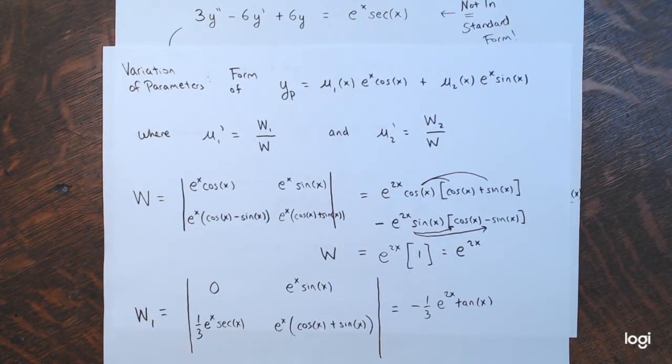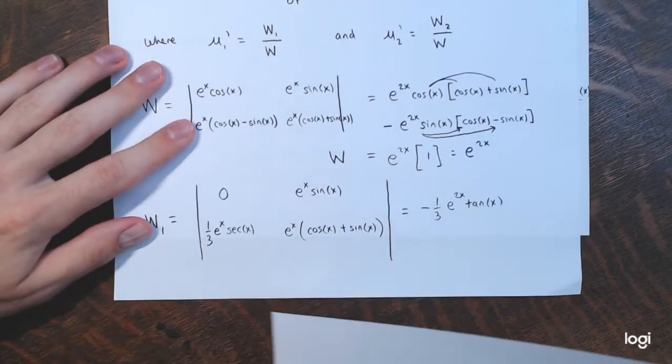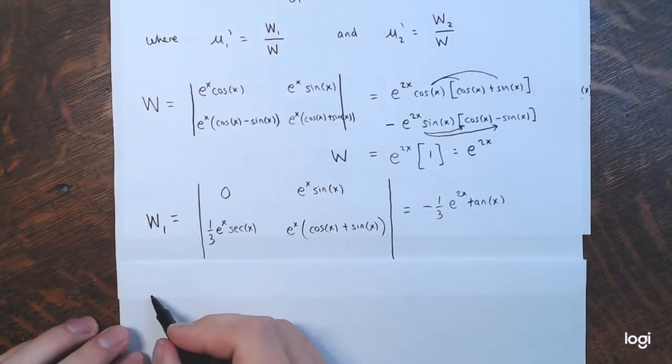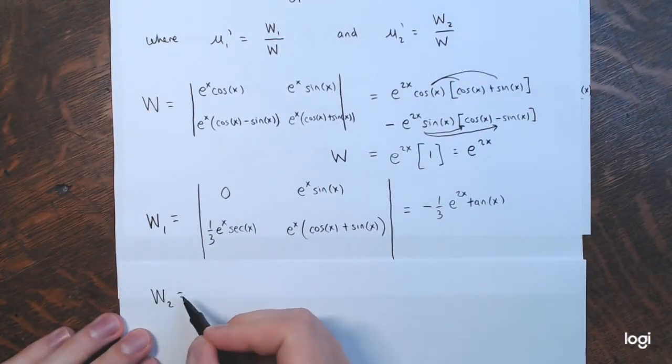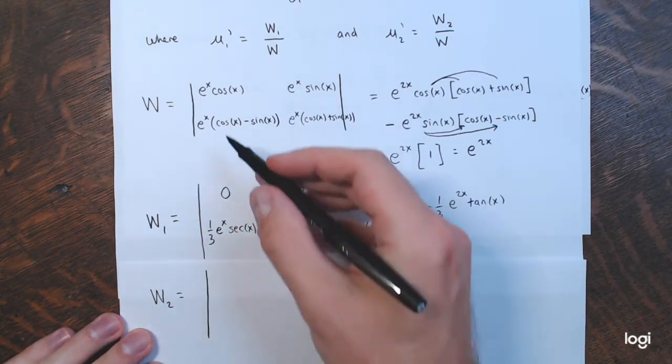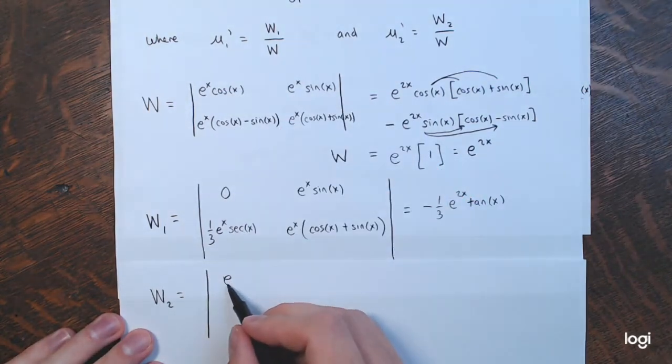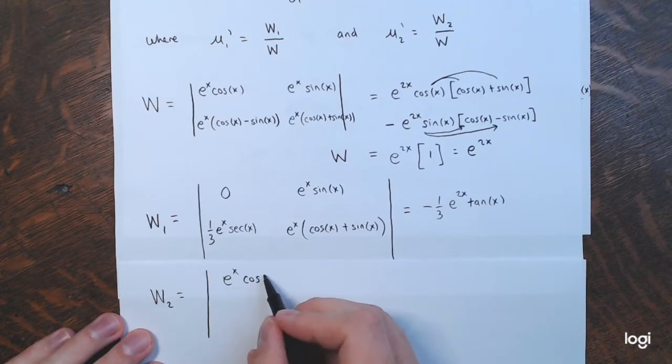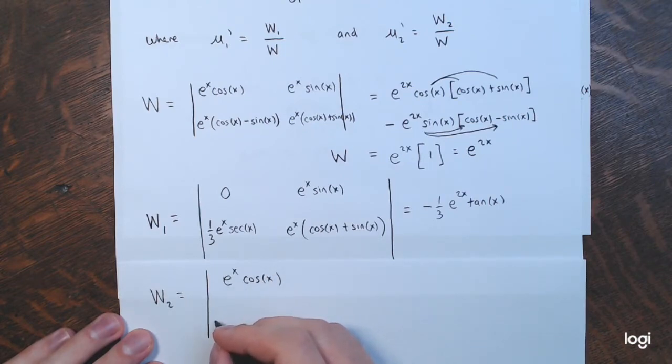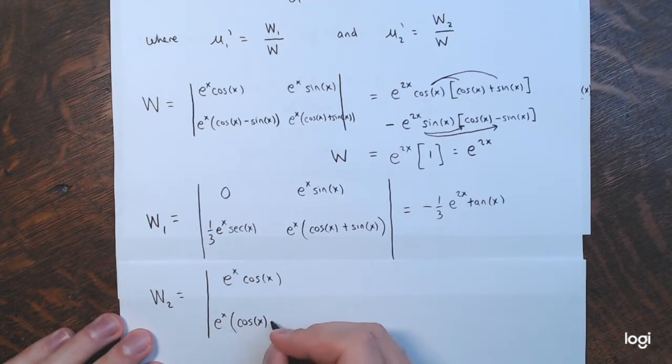And then I do the same for W2, only replacing the second column with 0 and 1/3 e to the x secant x. So W2. Keep the first column the same now, so e to the x cosine x, and then this e to the x times the quantity cosine x minus sine x.